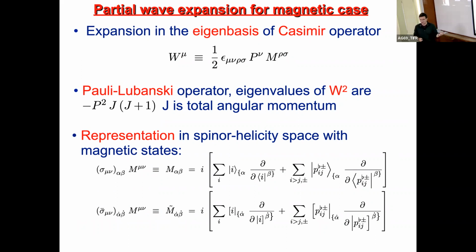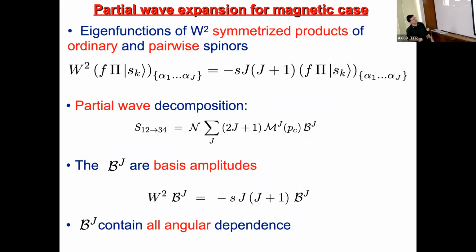That's something that Jing Shu and his collaborator showed. So we just showed how to generalize that if you also have these pairwise spinor-helicity variables present in the system. So that's how you get your Lorentz generators. And then there is sort of a version of the Wigner-Eckhart theorem that is showing up here.